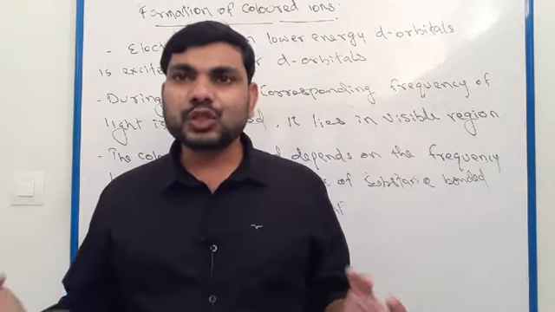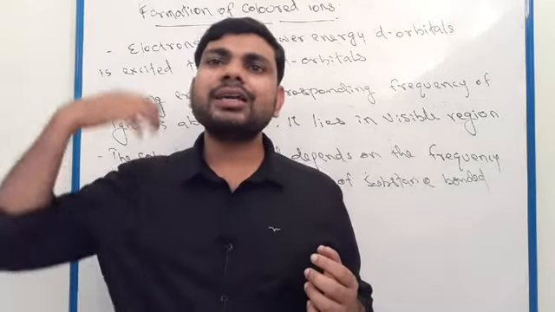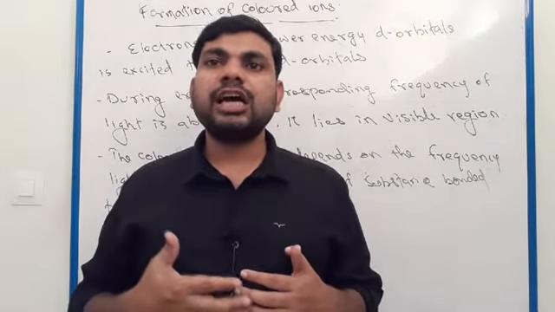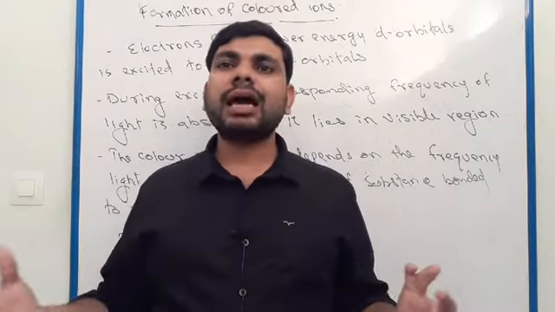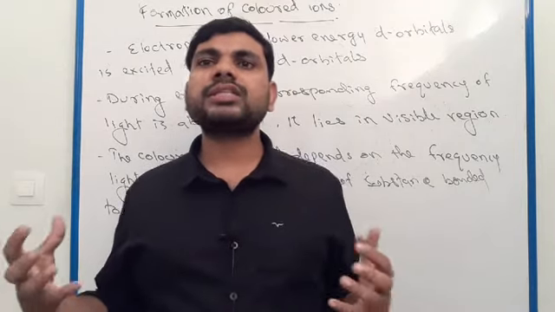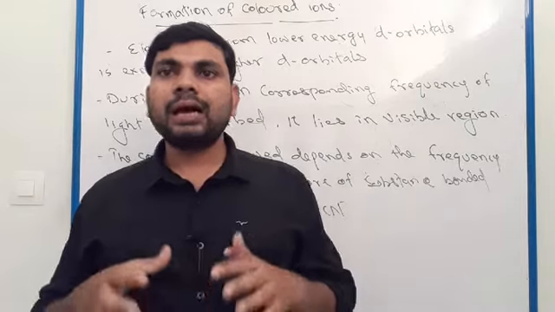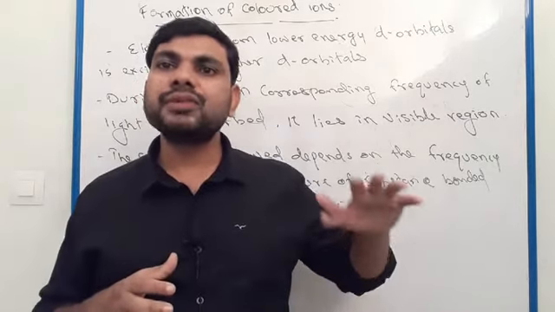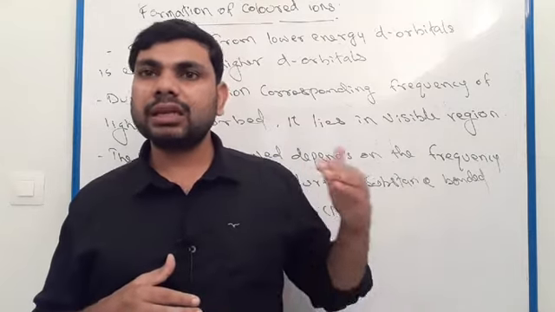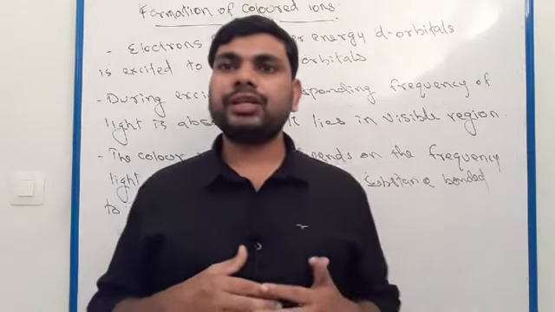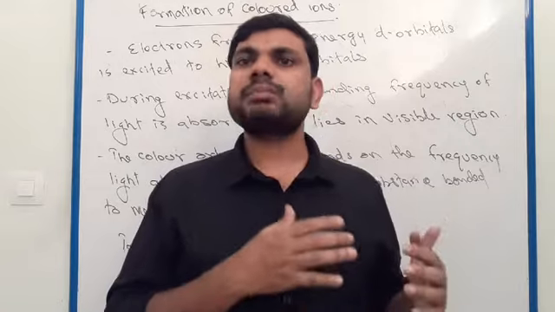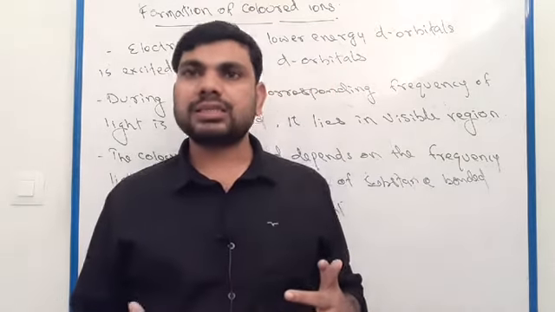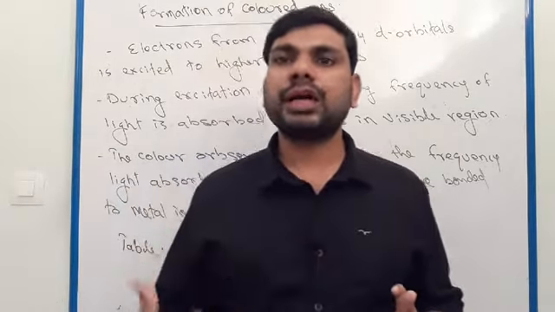When they absorb energy, they will excite to a higher energy level. During excitation, they will absorb a frequency of radiation. And this frequency of radiation lies in the visible region. And it helps to make different colors in D block elements.